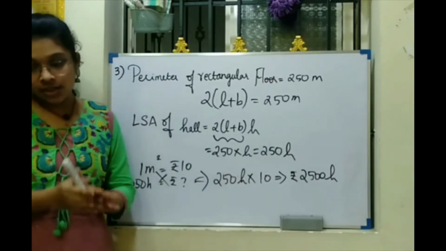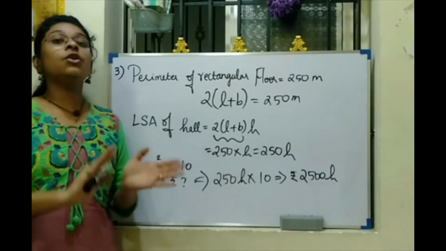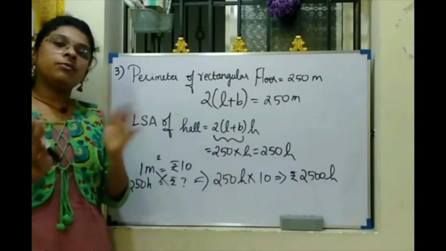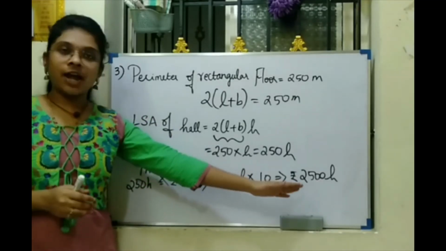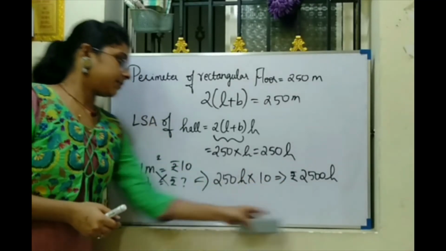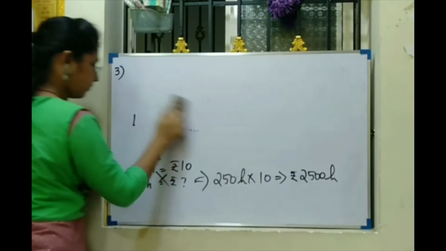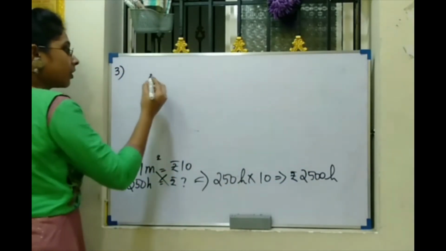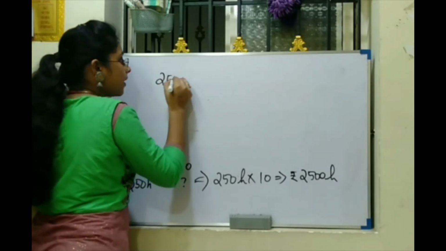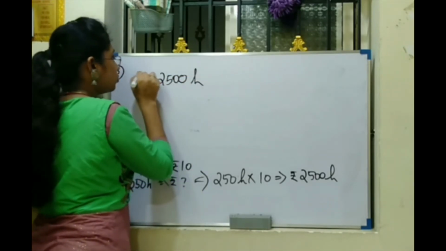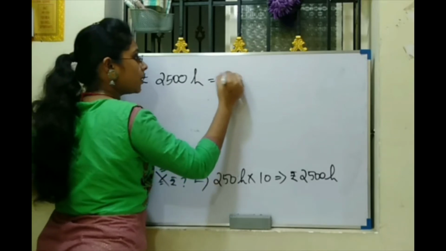And in the question they have given the total cost, which is equal to 15,000. So by comparing this we can get the value of H, right? So let's compare this. That is, rupees 2500 H is equal to rupees 15,000.